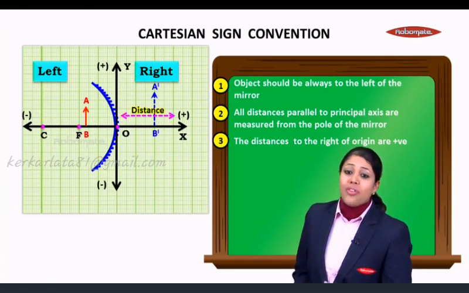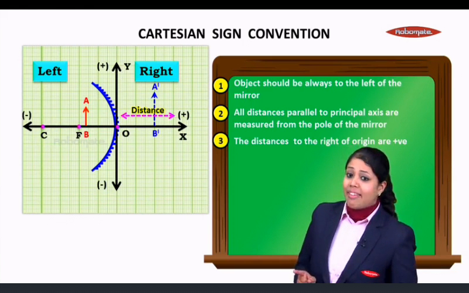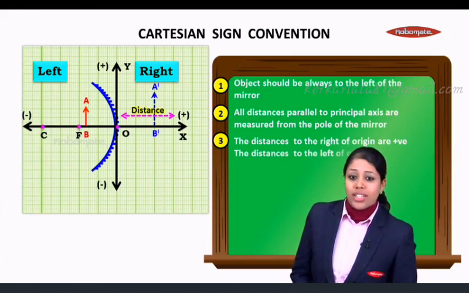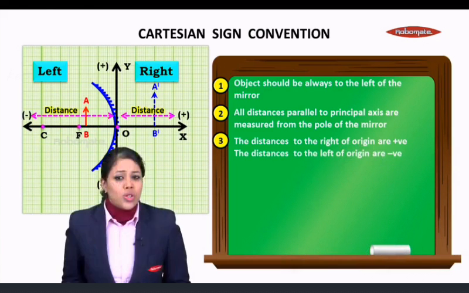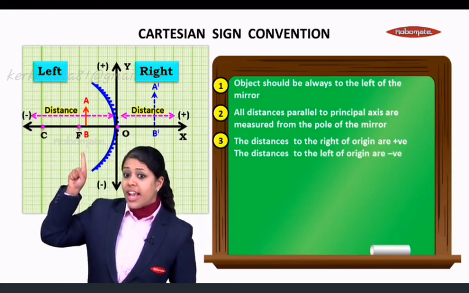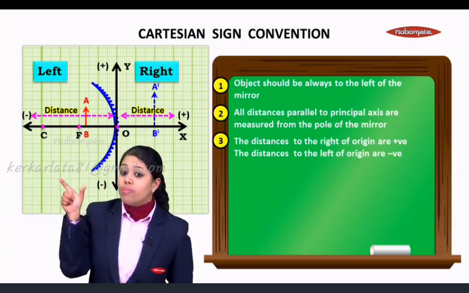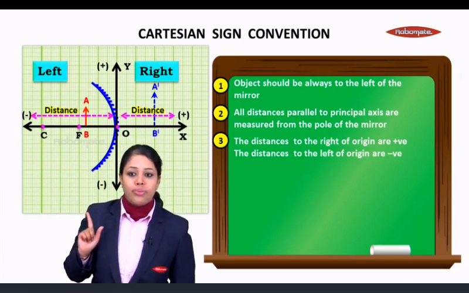So students, if I get an image on the right hand side, that is a virtual image, then I will say that the image distance is positive. But on the other hand, distances to the left of the origin are considered negative. We all know that the object is always placed on the left hand side, right? So the object distance will always be negative.